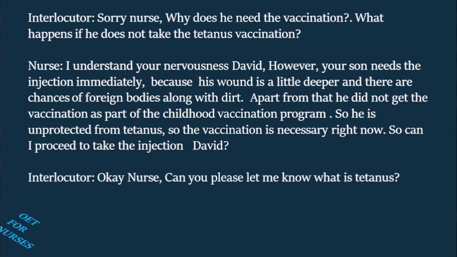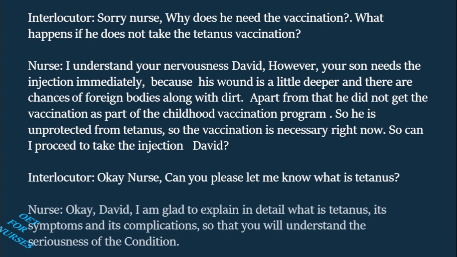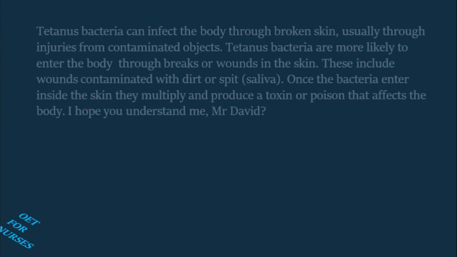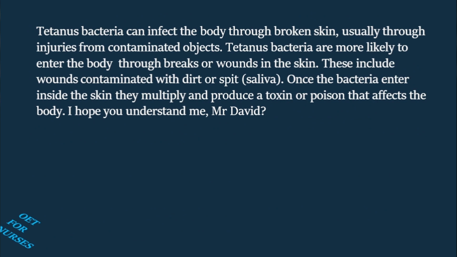Okay, nurse. Can you please let me know what is tetanus? Okay, David. I'm glad to explain in detail what tetanus is, its symptoms, and its complications so that you can understand the seriousness of the condition. Tetanus bacteria can infect the body through broken skin, usually through injuries from contaminated objects.